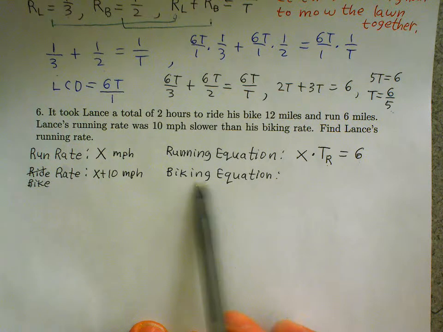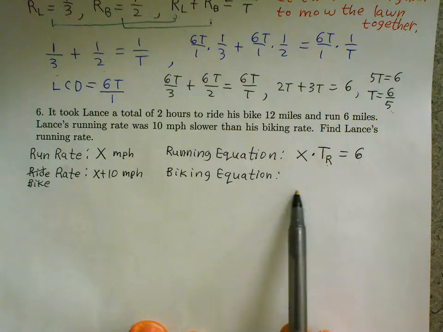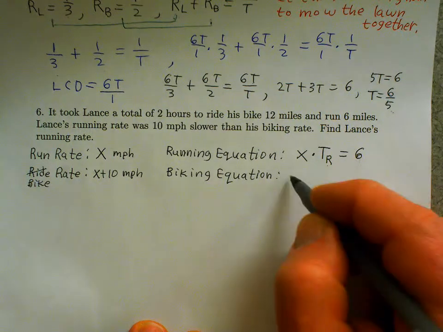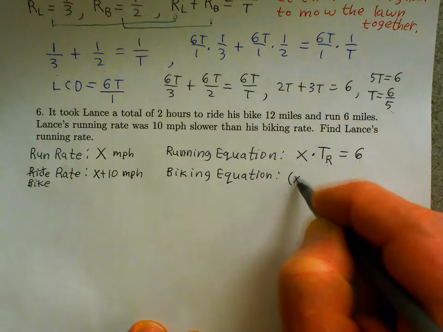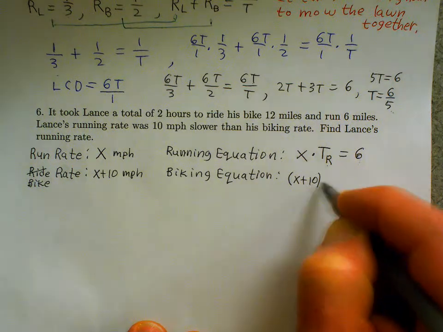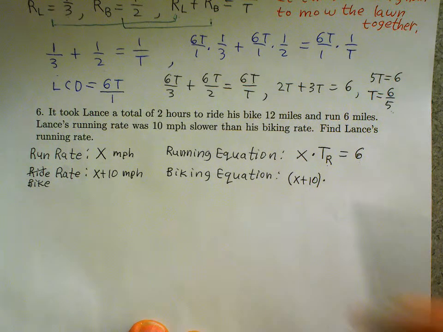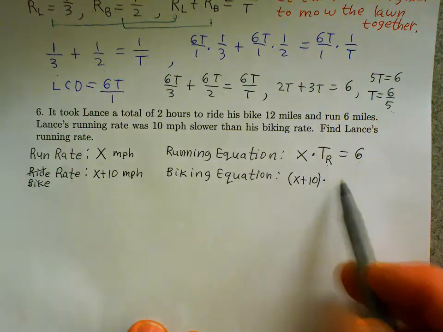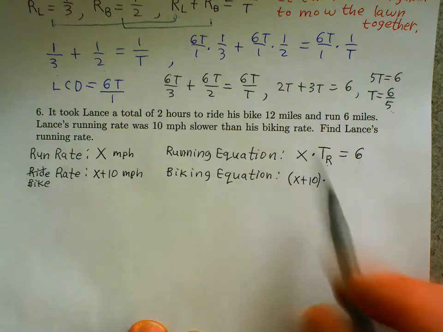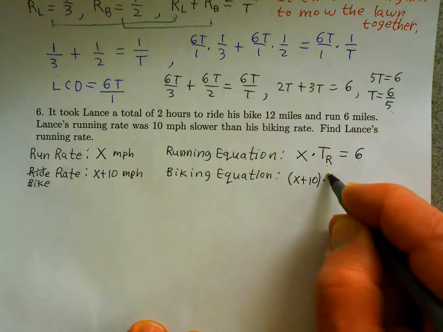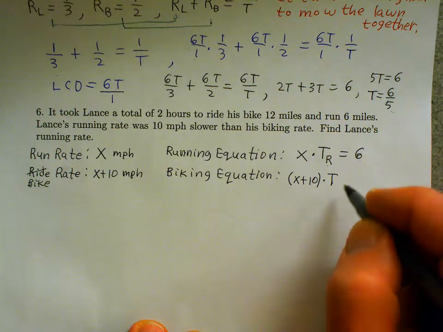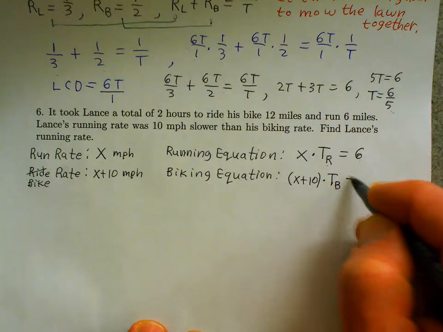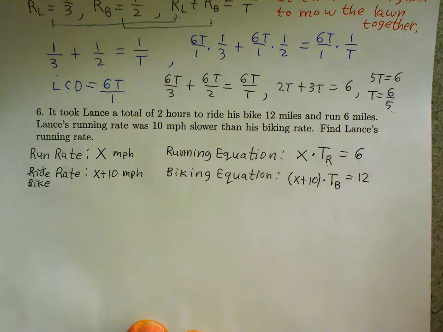The biking equation, the rate when biking is x plus 10 miles per hour. So x plus 10. And we don't know specifically how much time was spent biking 12 miles. So we'll use a variable representation for that, T sub b, for the time it took to ride the bike 12 miles.